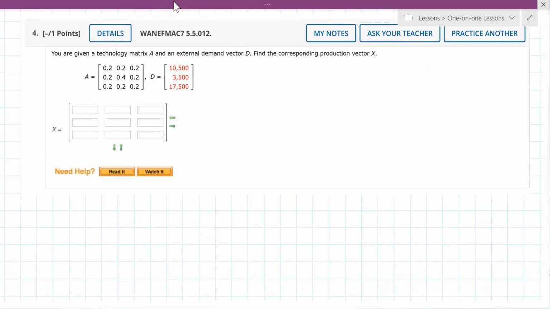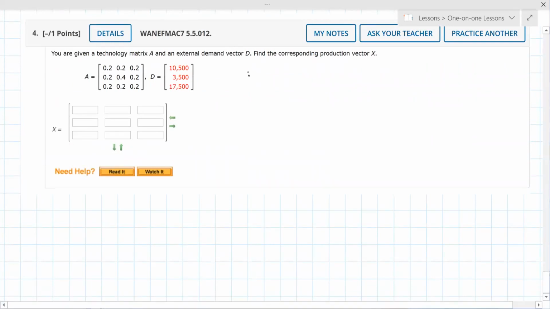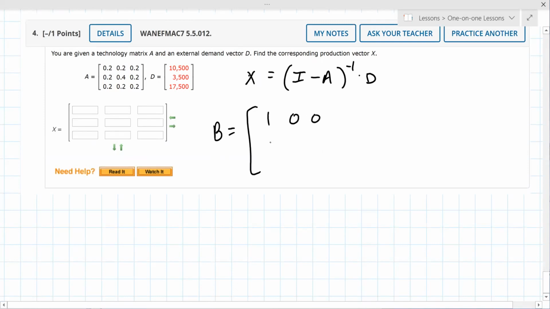All right, you are given a matrix. Okay, so same thing here. It's x equals I minus A inverse times D. You can make B your identity matrix if you want: 1 0 0, 0 1 0, 0 0 1. I'll get that in here though. So A equals 0.2.